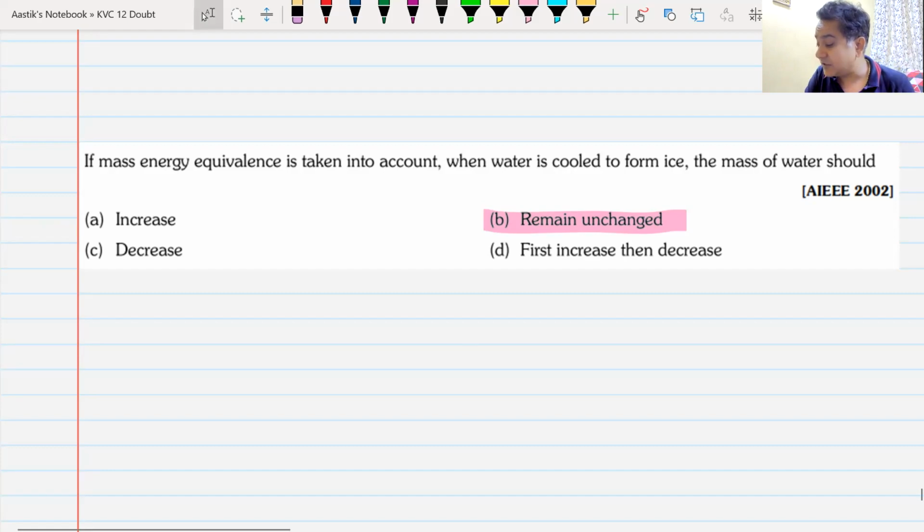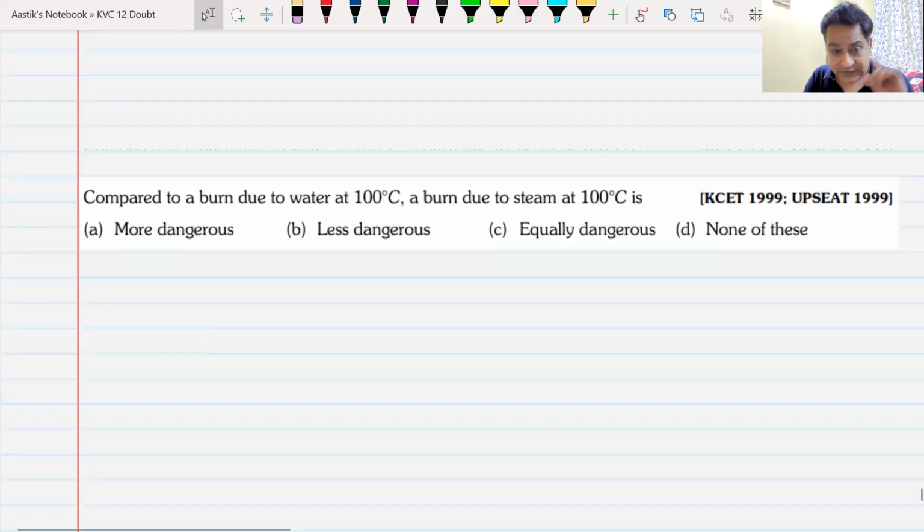The next question has come many times in many exams. Compared to a burn due to 100 degrees Celsius of water, what is the burn due to steam? You have 4 options.